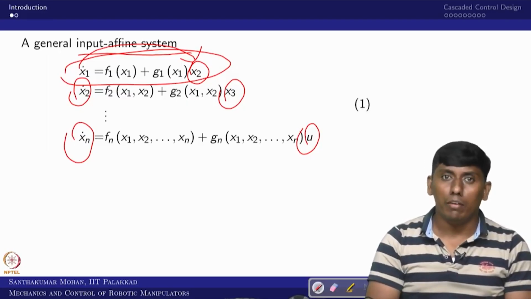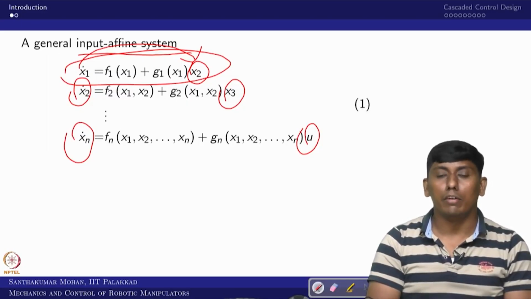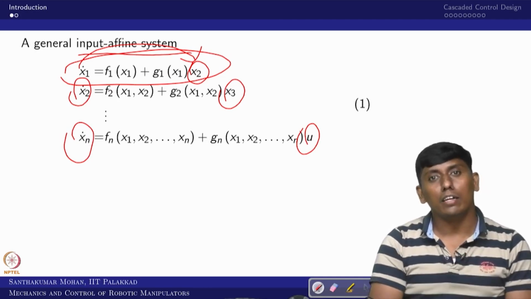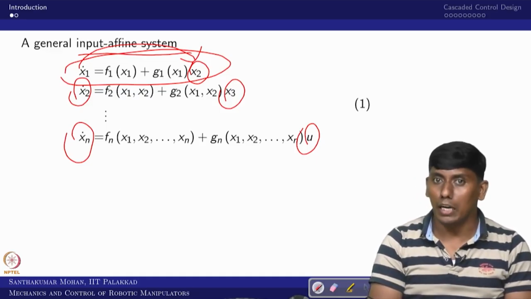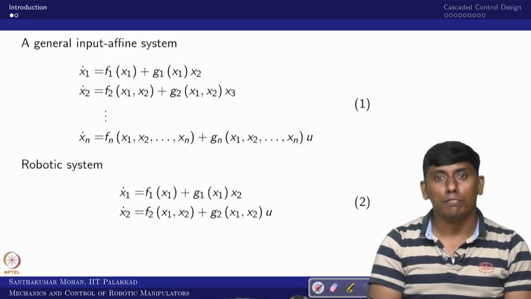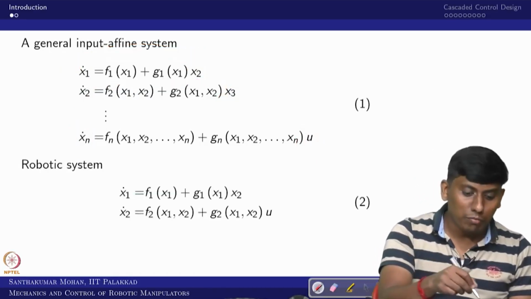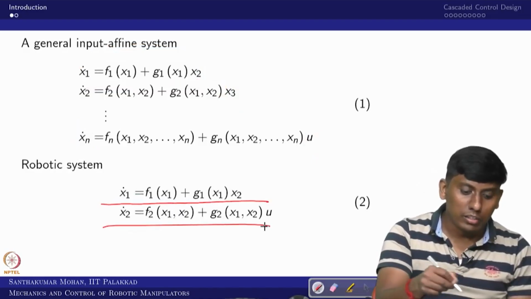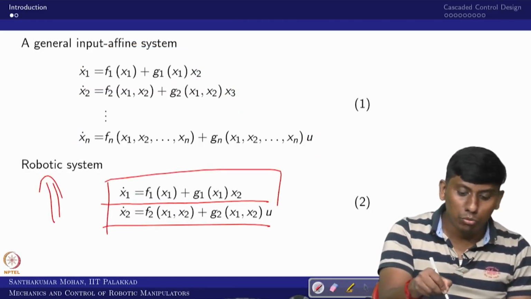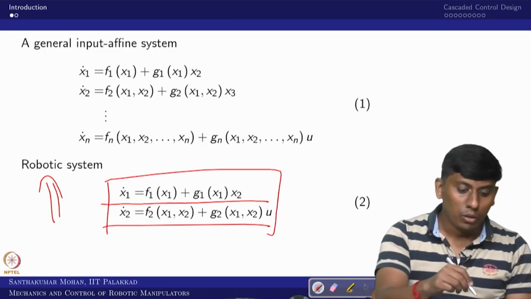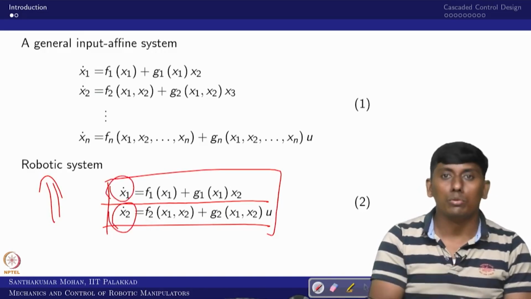Fortunately, our mobile robot and even our manipulator have this advantage. So our robotic manipulator dynamic model and kinematic model can be written in this form. Since a robotic system is a second order system, we should have two subsystems: x1 dot and x2 dot.